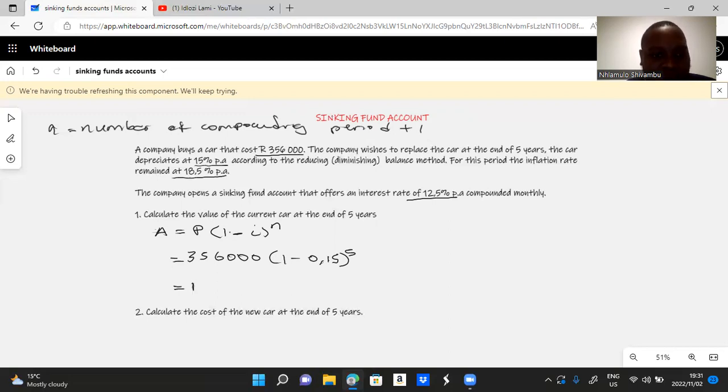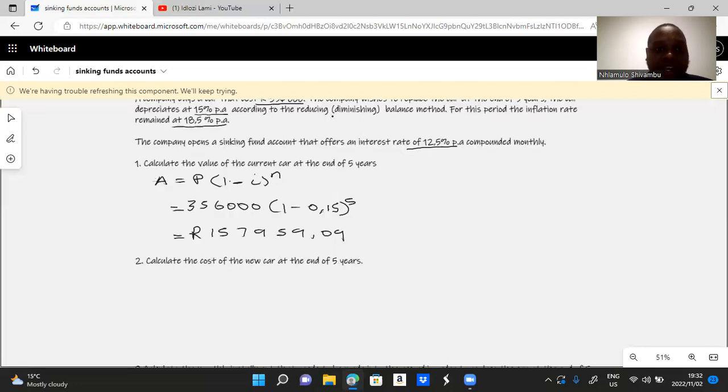And when we get here, we're going to get 157,959.05. So after 5 years, the car that cost 356,000 will now have a value of 157,959.05. So this is the value of the current car after 5 years, right?